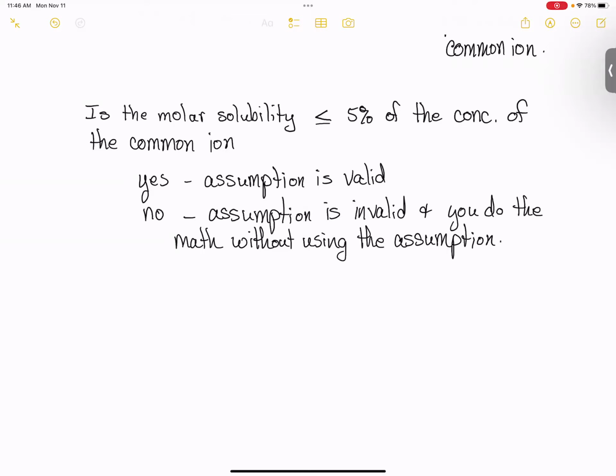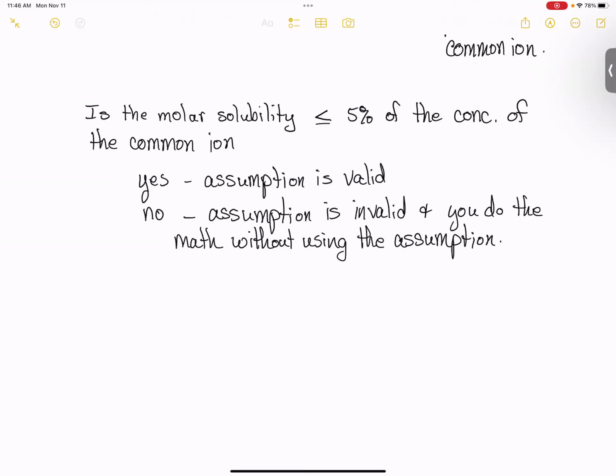So one more thing I want to mention on your post lab. If I recall, the first couple of questions related to the post lab are basically asking you to understand the common ion effect.